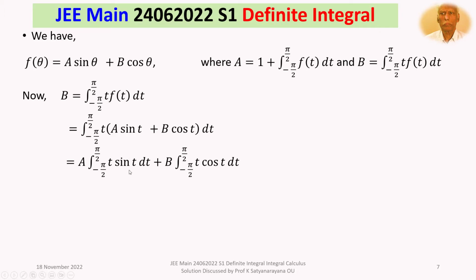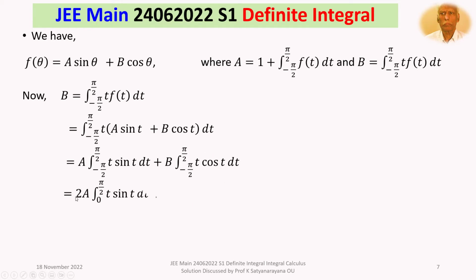Now, sin t is odd, t is odd, the product is even. Therefore, it will be 2 times the integral from 0 to pi by 2. And cos is even, t is odd, the product is odd. So, the integral from minus pi by 2 to plus pi by 2 of an odd function will be 0.